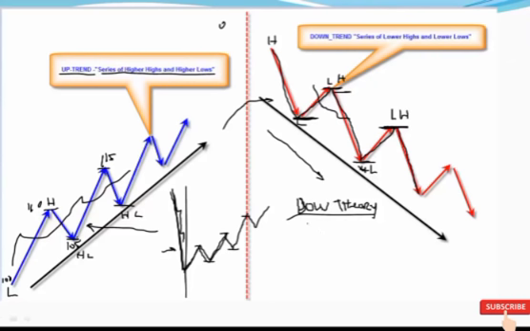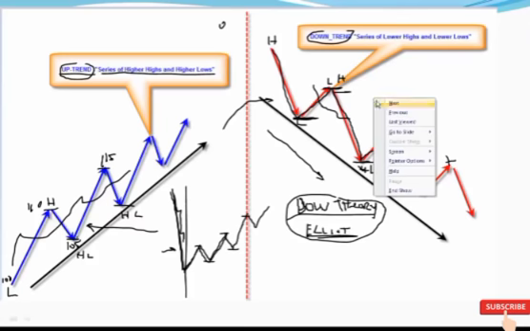But Elliott came in later on and started putting numbers, retracements, levels, and zones, and put structure around this theory. So this right here is a foundation of technical analysis. If you understand uptrend and you understand downtrend, you're ahead of the game.